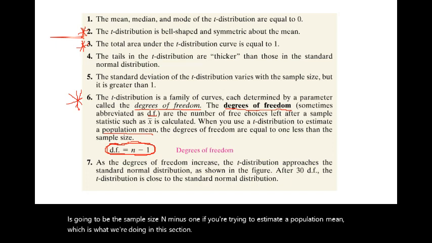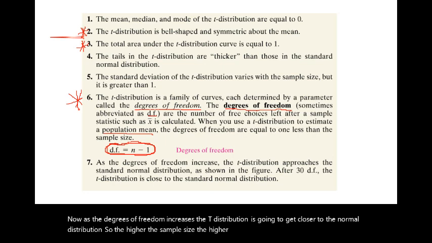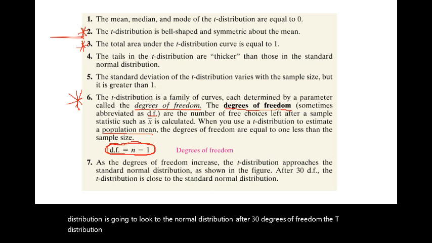Now, as the degrees of freedom increases, the t-distribution is going to get closer to the normal distribution. So the higher the sample size, the higher the degrees of freedom, the closer the t-distribution is going to look to the normal distribution. After 30 degrees of freedom, the t-distribution is very close to the standard normal distribution.